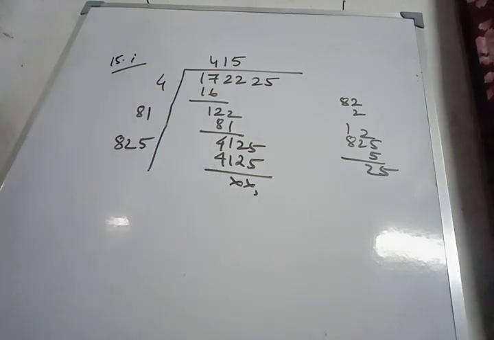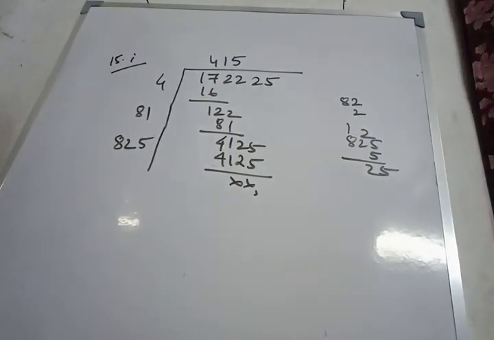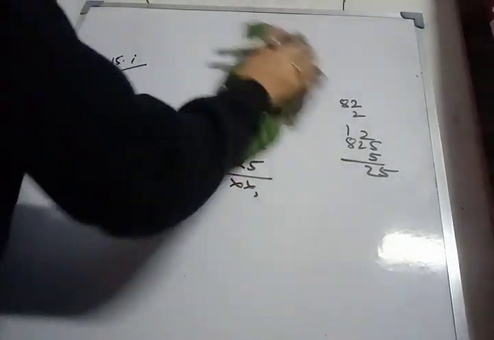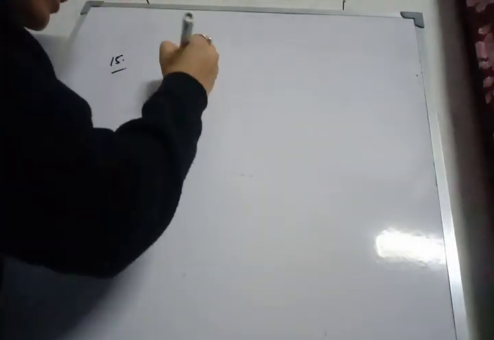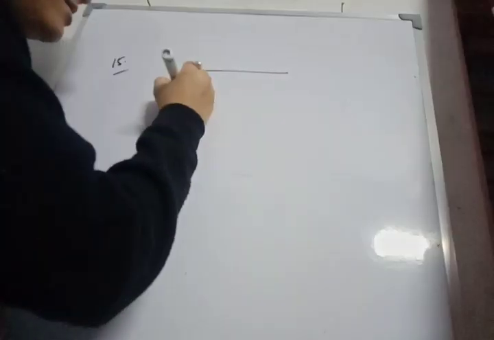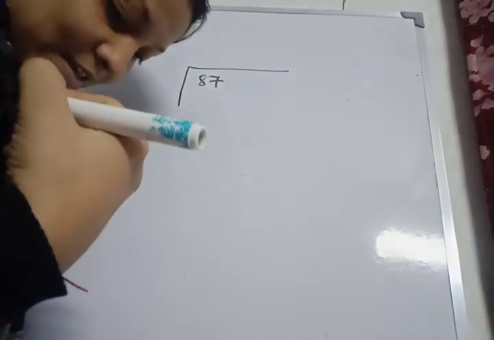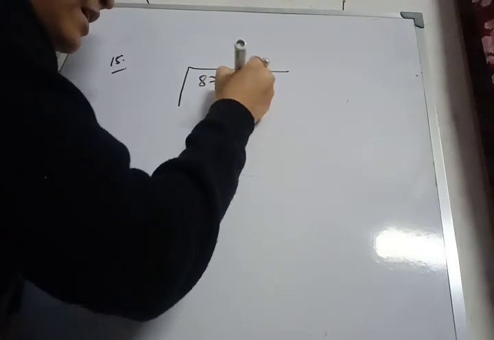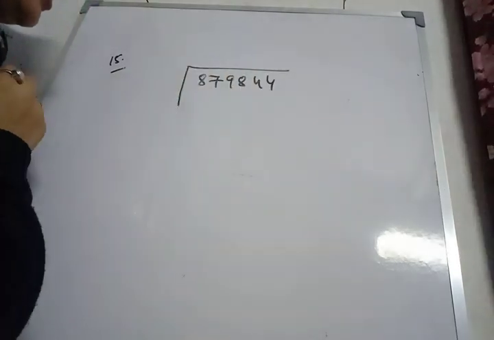Okay, next subpart 2. 15 subpart 2. Find out the square root of 879844.